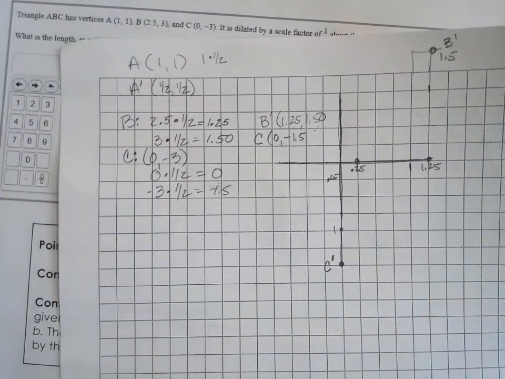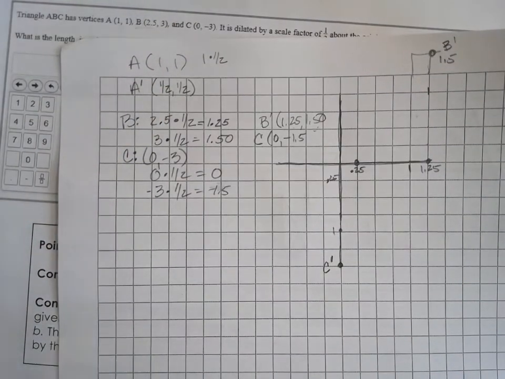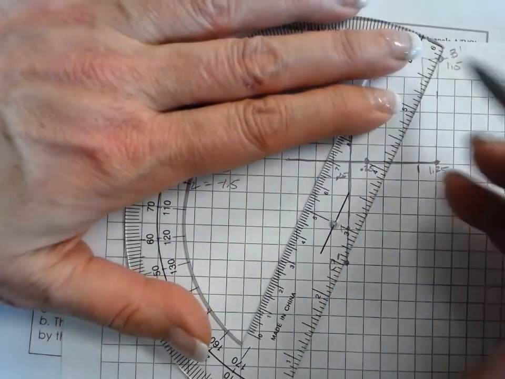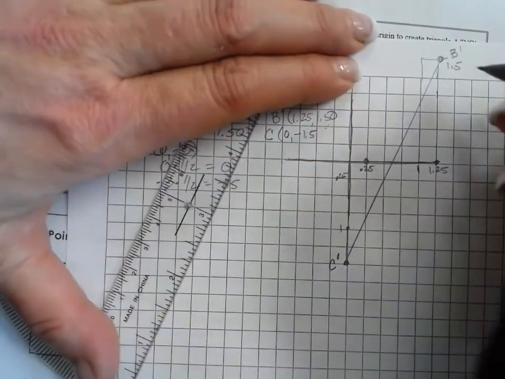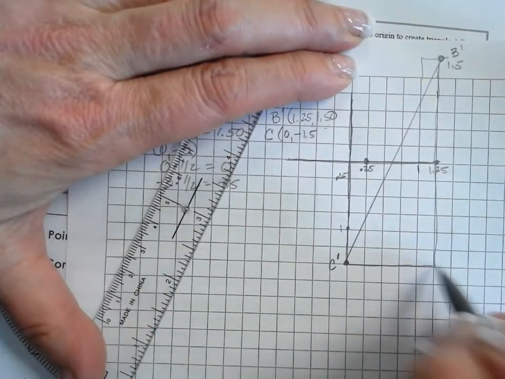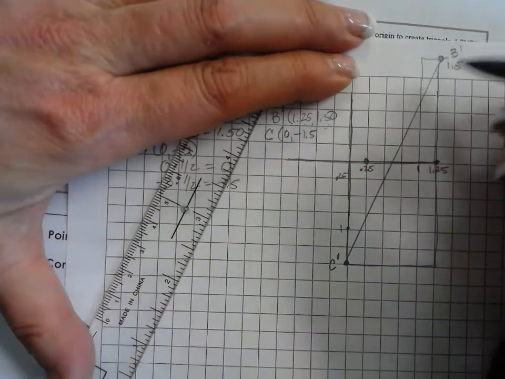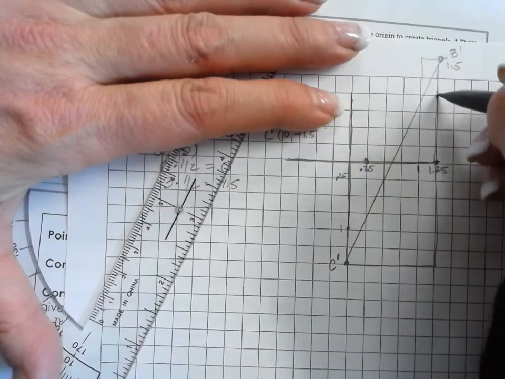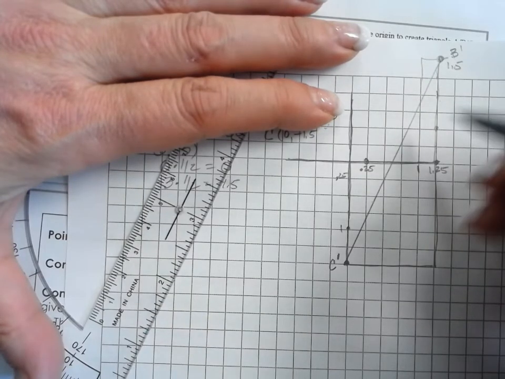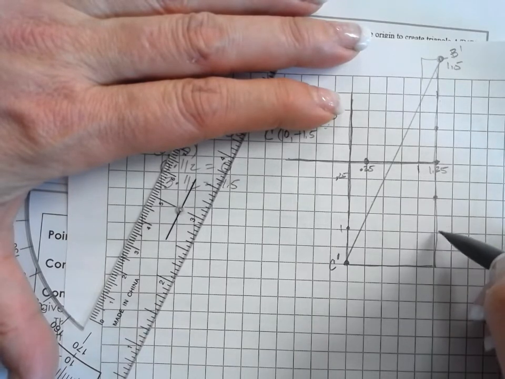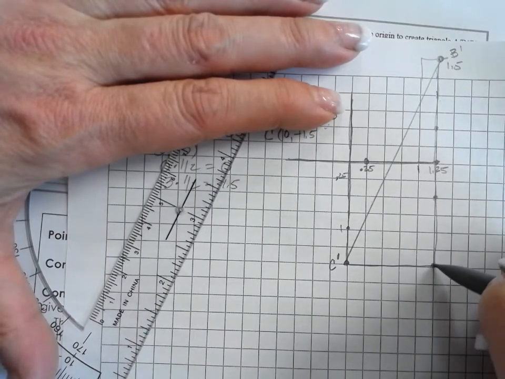Now, the reason I did it like that is because I can then make my Pythagorean theorem and go, how many do I have? Well, I've got 1/4, 1/2, 3/4, 1, 1/4, 1/2, 3/4, 2, 1/4, 1/2, 3/4, 3.